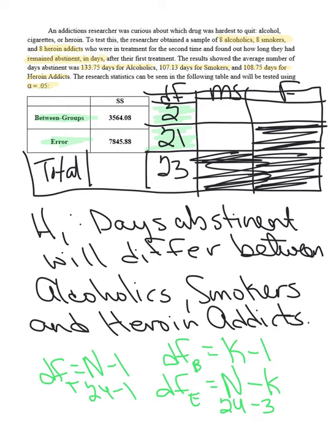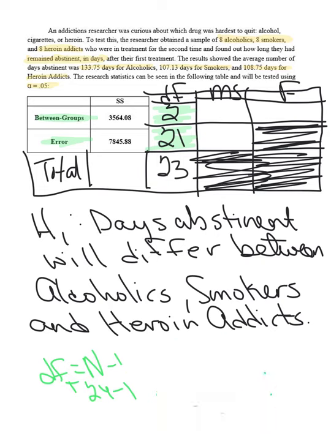So now we have the information that we need to go ahead and complete our step 2, which is finding the criteria. So we're going to look up the between groups and the error degrees of freedom.